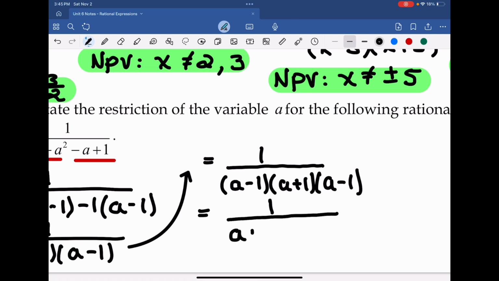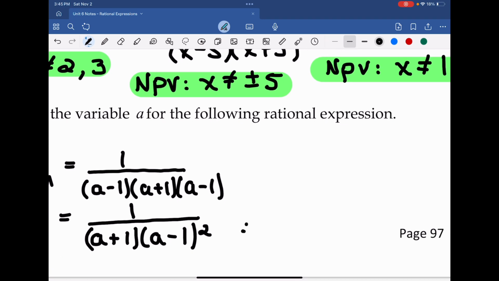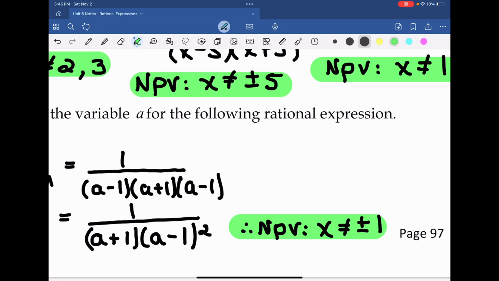I can make this a plus 1 for my first binomial, and then for the second one, a minus 1 squared, because there's two of them. Now, our NPVs: therefore, NPV, x cannot equal plus or minus 1. Because if it was either 1 or -1, it's going to eliminate the denominator, and therefore we can't have that.